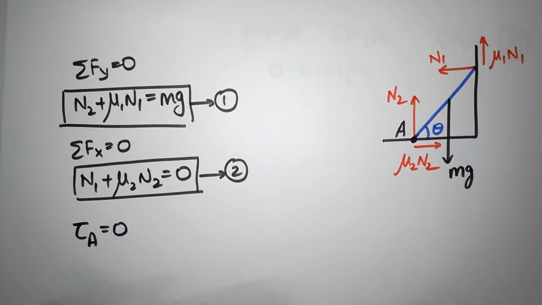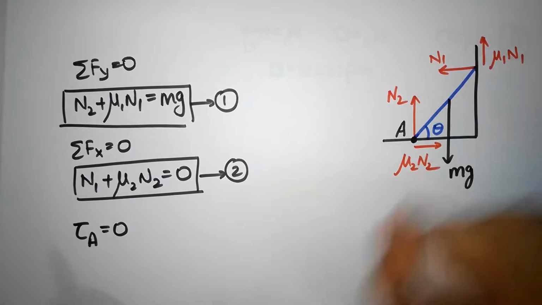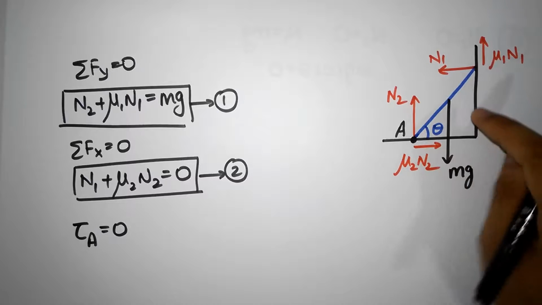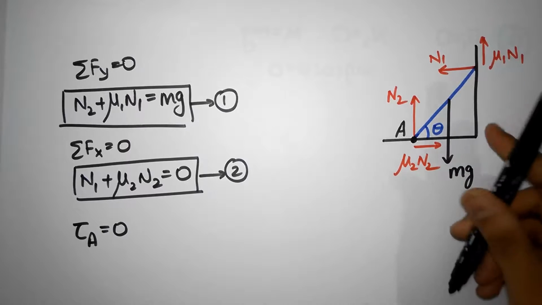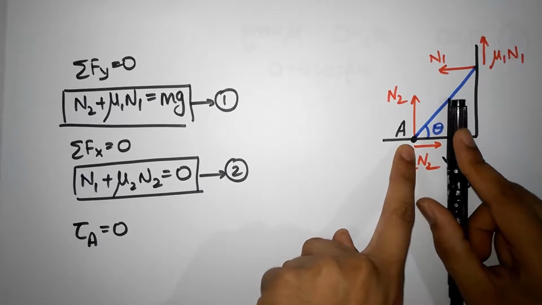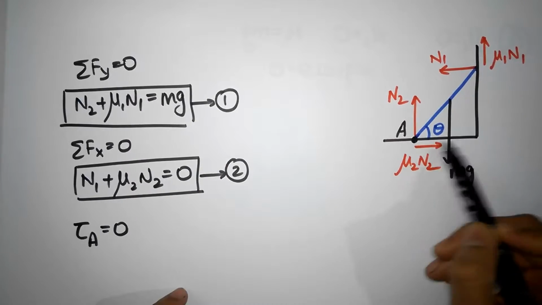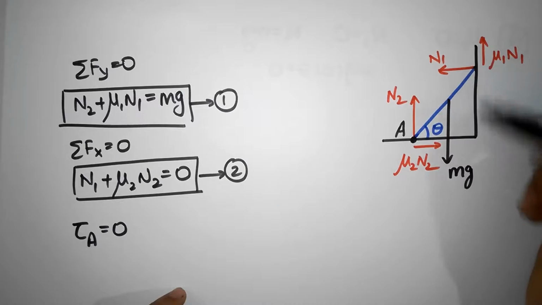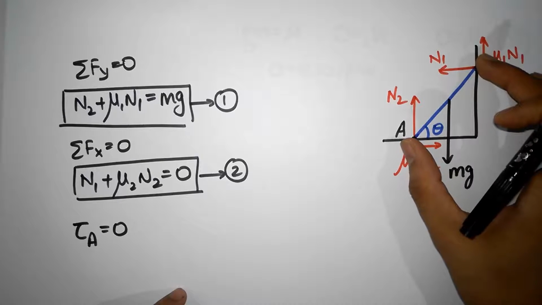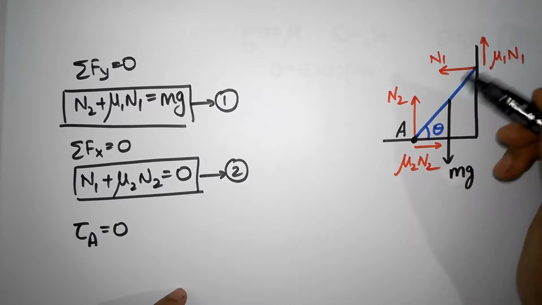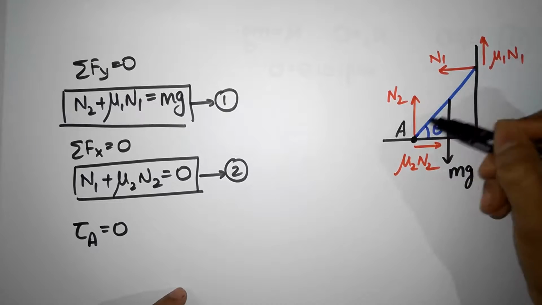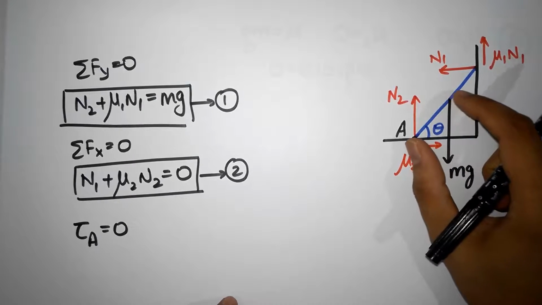mg produces a torque, and let's see how much is the torque due to mg. It's going to be the force multiplied by the perpendicular distance from the point. So the perpendicular distance will be, yay, this much. To calculate that, we need to know the length of the ladder. So let's call the length of the ladder 2L, and this would be L. Just put this in your memory.